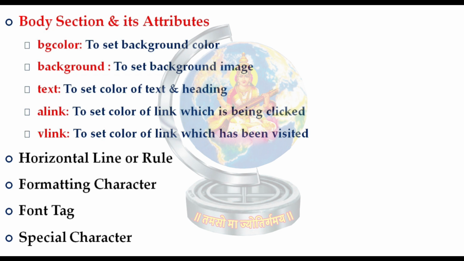So in today's video we will cover these 4 topics: horizontal line, formatting characters, font tag and special characters. Let us move towards the next topic, by which you can learn how to use that particular tag to display output on a screen. I hope that up to this you understood what we saw in the previous lecture and what we are going to learn in this video.